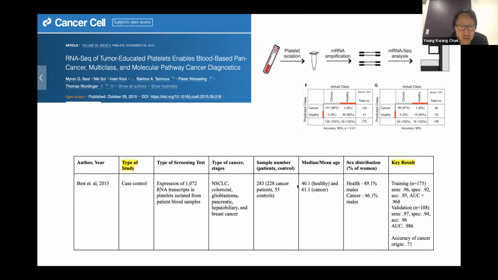Okay, Julie, does this article meet our inclusion criteria? Yeah, I told him to include it. Okay. Yeah, I think it does too. But this is really novel, that the platelet would know. And it's platelets that are tumor educated.